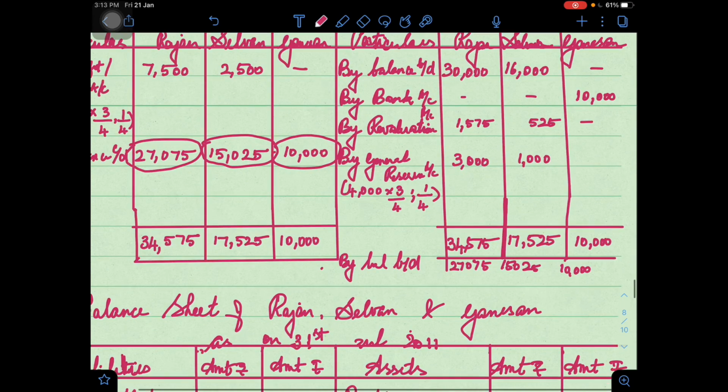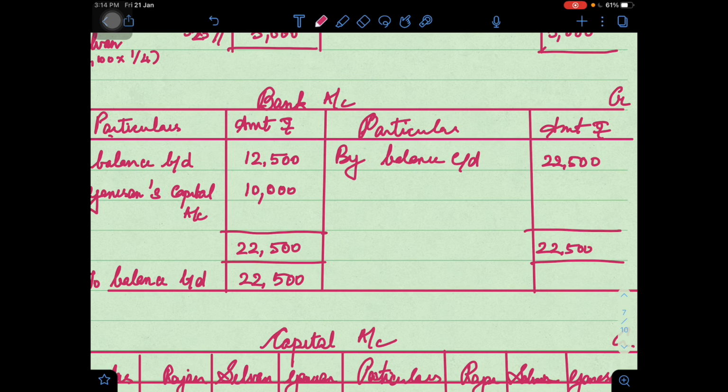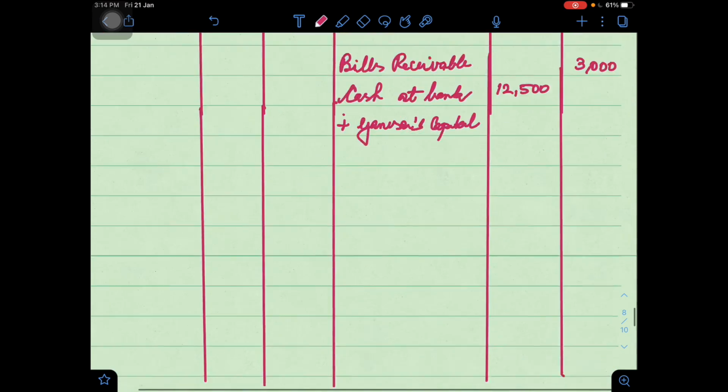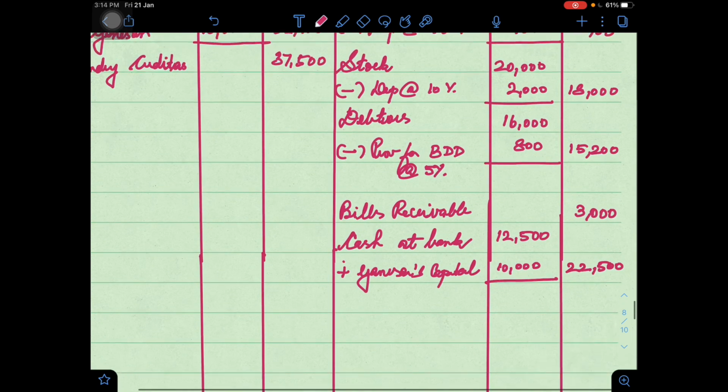Actually you can also show this way. I open one bank account, so directly you can write 22,500, but I am just showing the split separately. That is the difference. This 10,000, so that brought out what we got, 22,500. That's it. All the items we have entered.